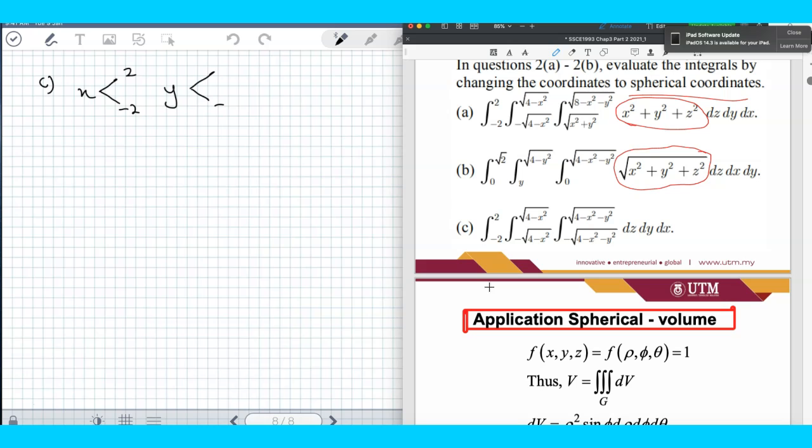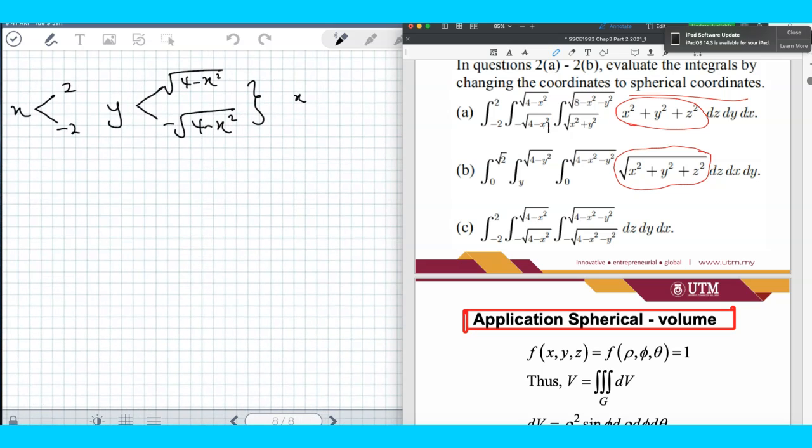We have negative square root of 4 minus x squared, plus minus, okay? Okay, so now it looks like the function here is similar to question A, where we have a circle. So you have x squared plus y squared equal to 4.